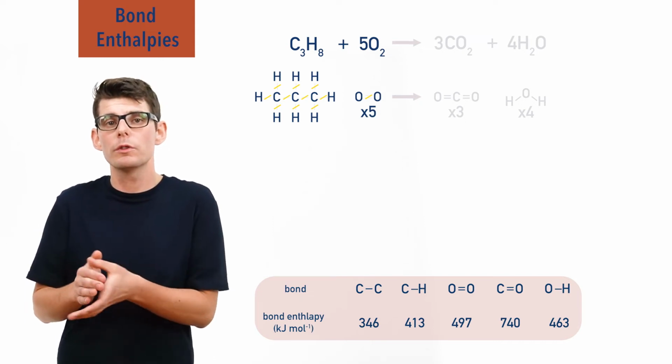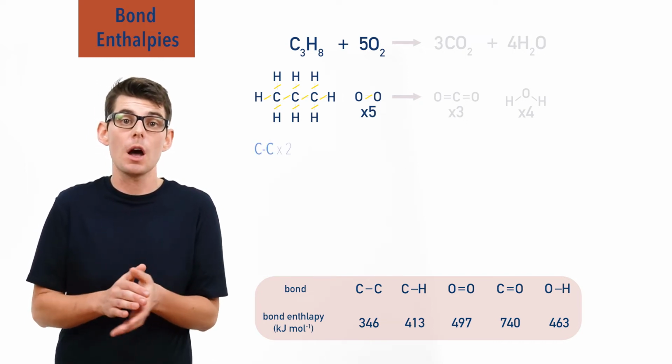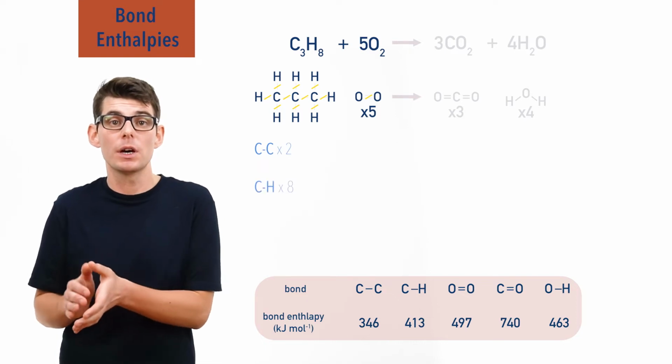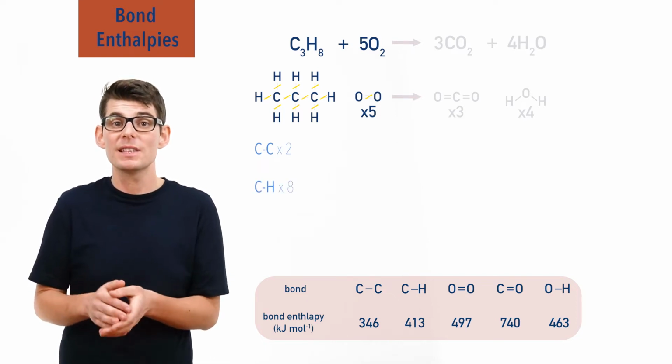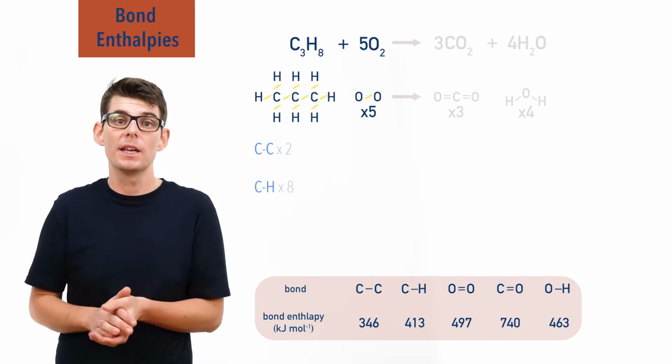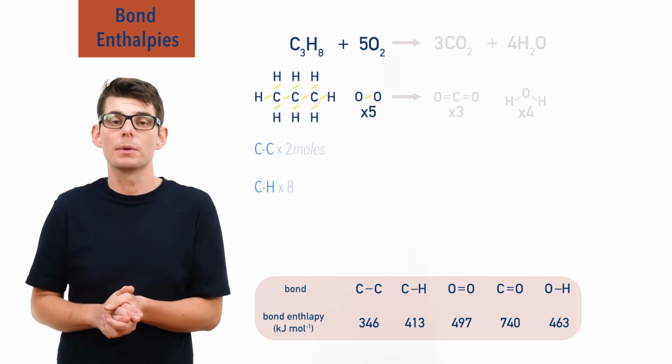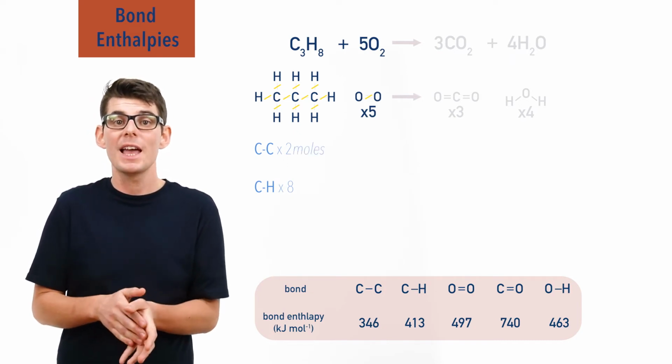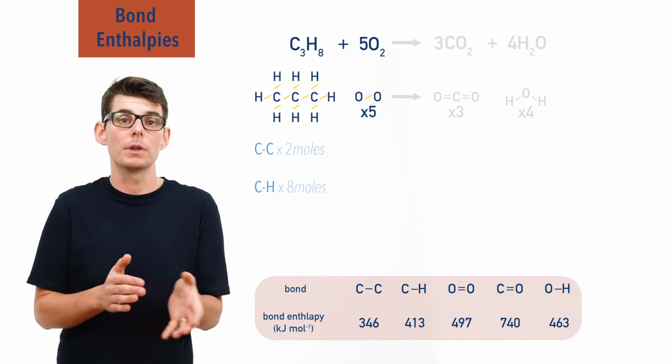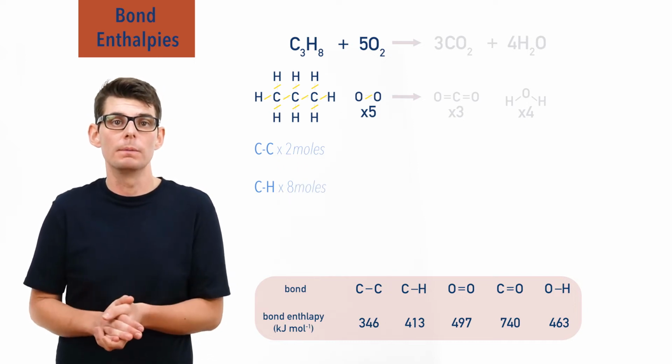In 1 molecule of propane, there are 2 carbon-carbon bonds and 8 carbon-hydrogen bonds. This means in 1 mole's worth of propane, there are 2 moles worth of carbon-carbon bonds that must be broken and 8 moles worth of carbon-hydrogen bonds that must be broken.